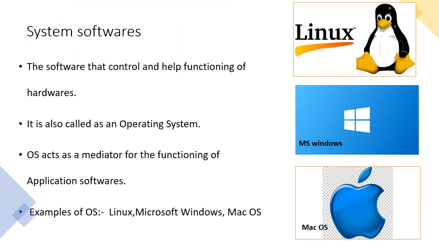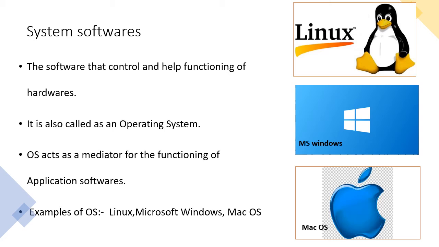First of all, system software. System software is the software that controls and helps the functioning of hardware. Now, how are these hardware like keyboard, mouse, monitor, etc. working? Has anybody thought of that? These hardware are working according to a set of instructions or a set of programs that we have already set in our system.